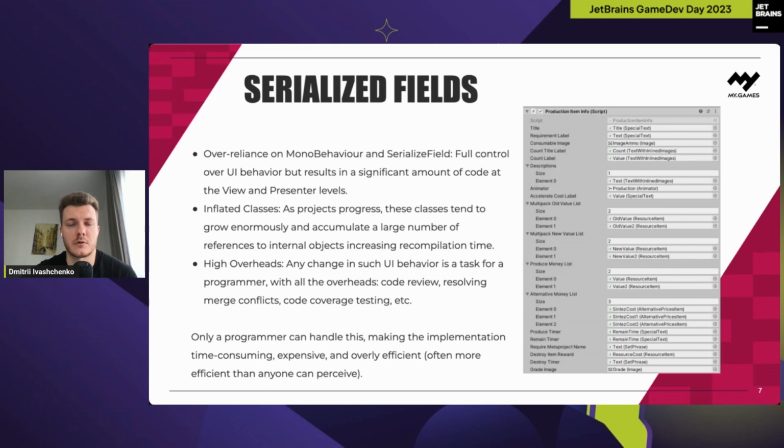From the code, we control colors, object positions, animations, sounds, and anything else. And what's interesting about the solution is that over time, these View classes based on MonoBehaviour start to grow continuously. The more functionality we need, the more references we need.